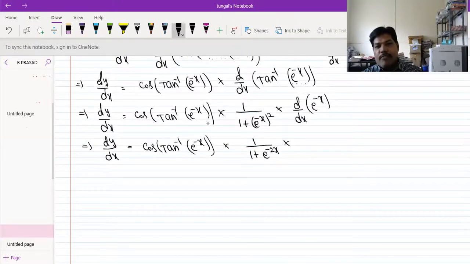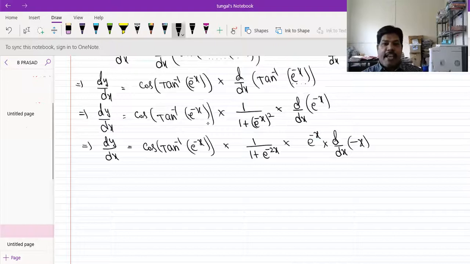What is the derivative of e power f of x? I already told you: e power f of x into the derivative of f of x. What is f of x here? Minus x. If it were x, the derivative would automatically be 1, but it is minus x, so you have to take the derivative of minus x.